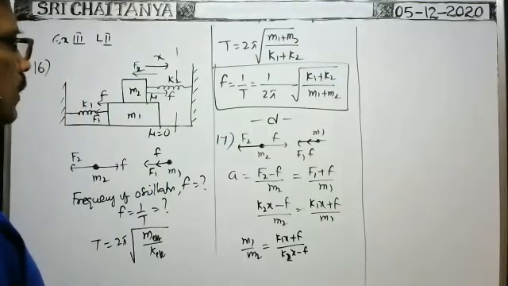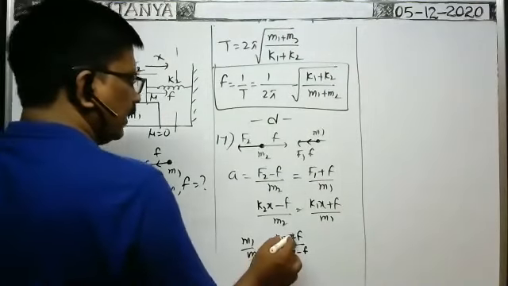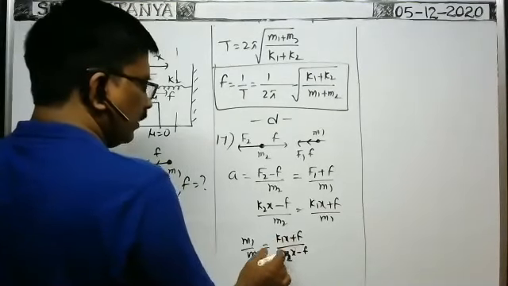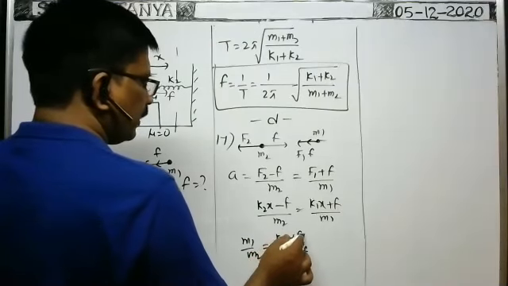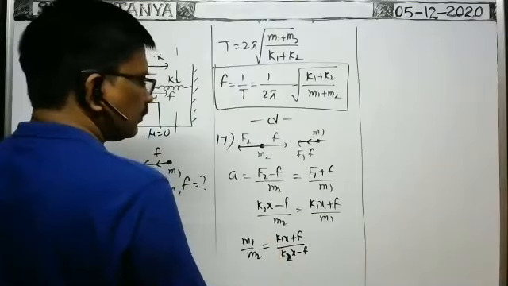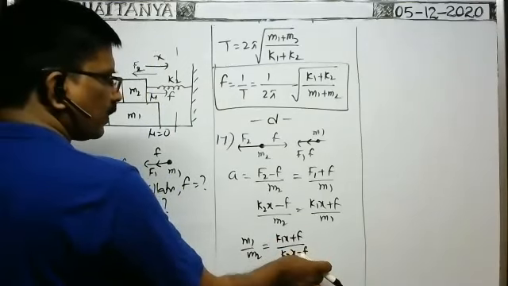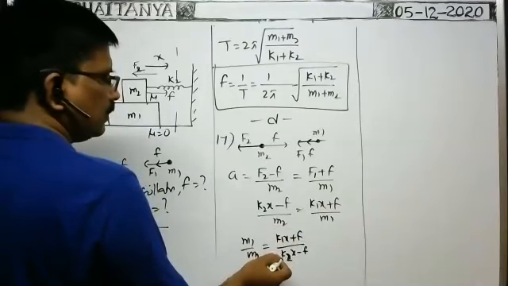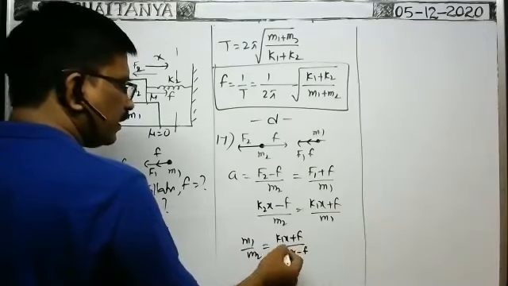So from this, what is the relation? Definitely, here there is plus, and x is the same in both, so definitely M1 by M2 is greater than K1 by K2, right sir? If there were no friction, then we would write K1 by K2. If friction is also there, this term becomes greater than this term.